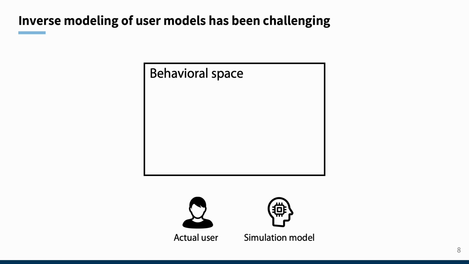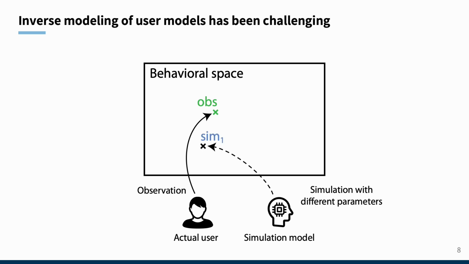Consider a space that can express all possible behavioral data from users, and suppose we have observation data from a user. And the simulation model can reproduce user behavior from different model parameters. Model parameters that simulate behavior closer to observations will have a higher probability to represent that user.